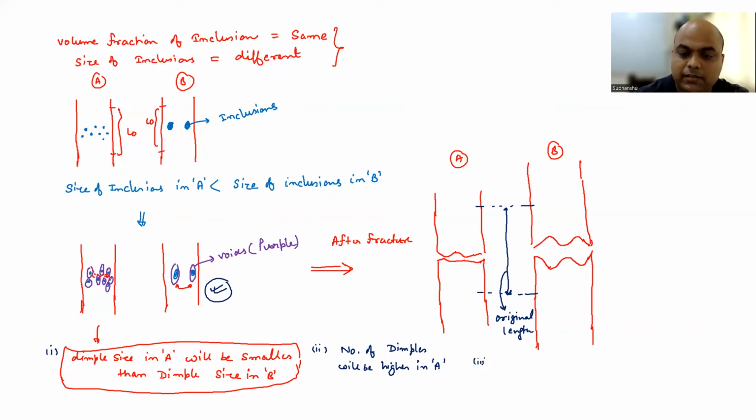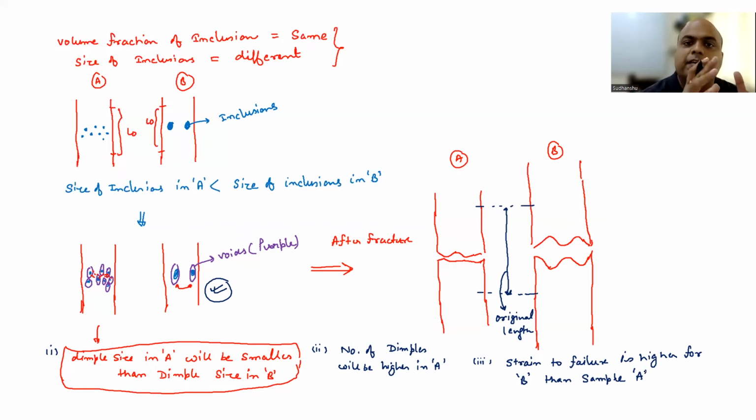And the last one is number 3, strain to failure is higher for sample B than sample A.